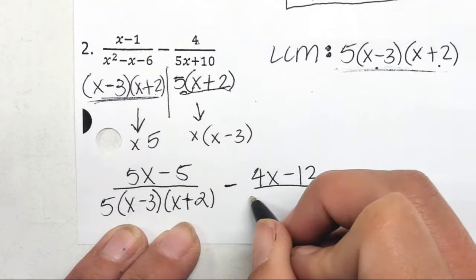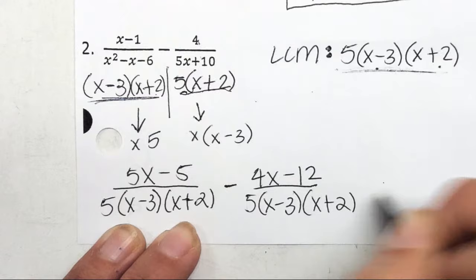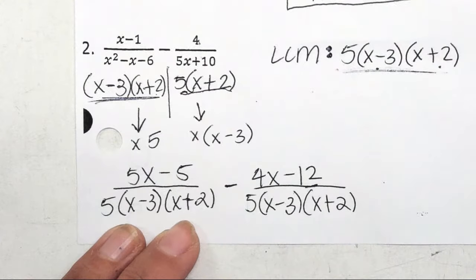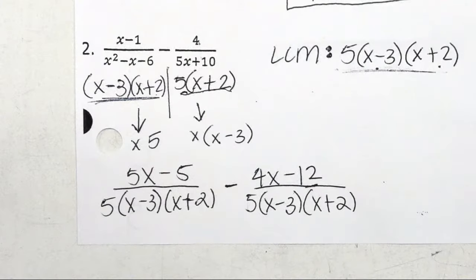Over? Perfect. Alright, I'm going to stop there and let y'all copy down and let me know if you have any questions so far. Alright, so everybody good so far?